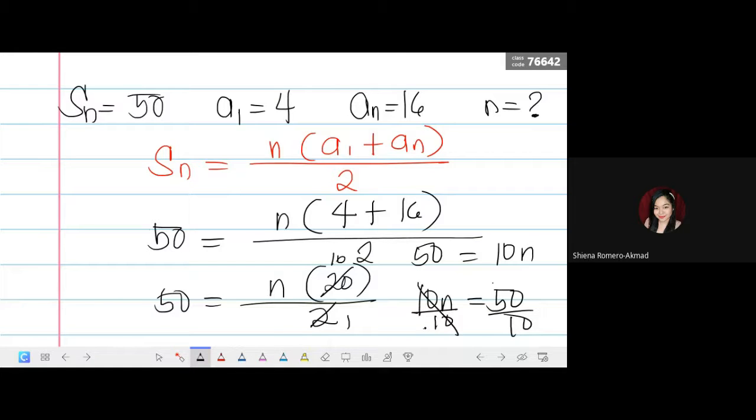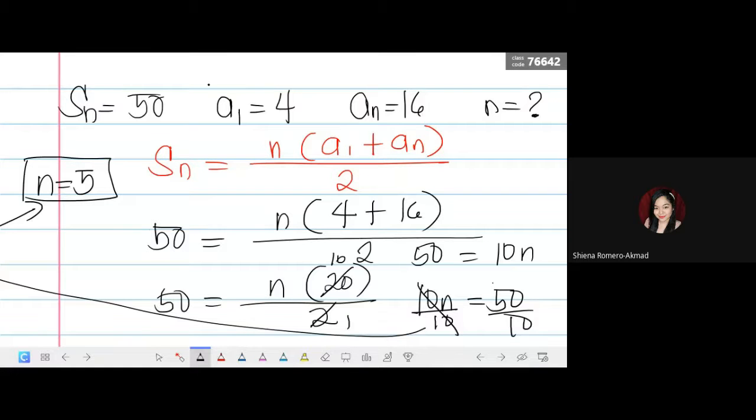N is equal to 5. Ibig sabihin, meron tayong 5 terms na in-add. That's why we got S sub n equals 50.